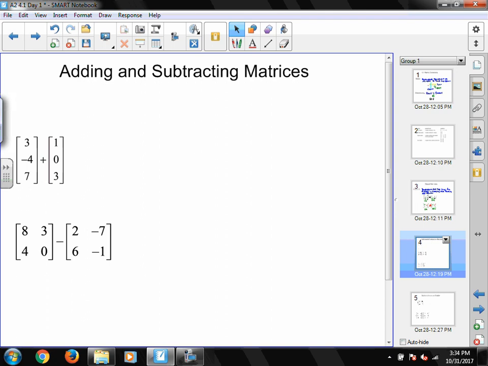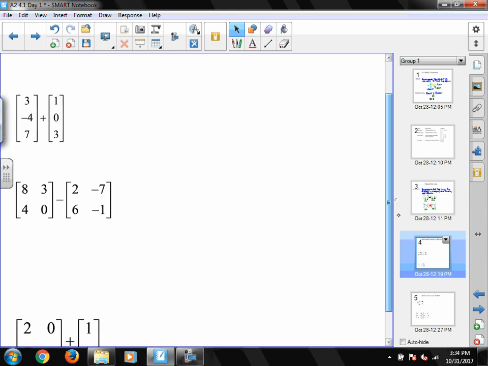Now we want to start talking about adding and subtracting matrices. Most people don't find this too bad. So we look at this first one. I've got 2 column matrices. It's really just as simple as adding entry by entry. So 3 and 1 are in the same spot.